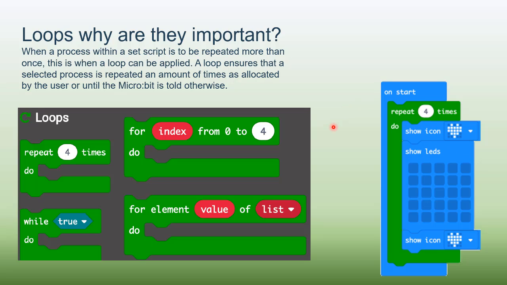But the other thing that we can do with loops, we can apply our logic to it the same way we did with our if statements. So where this says true here, we could put our logic statement that says, if the traffic light is still red, show the flashing stop sign.